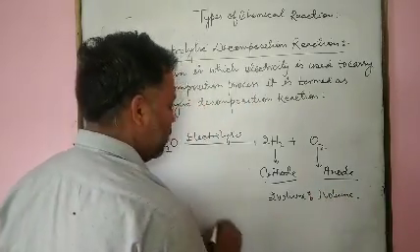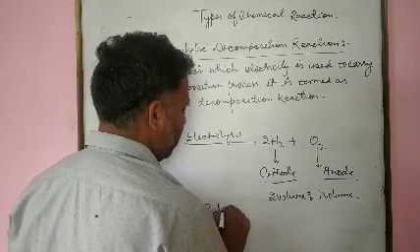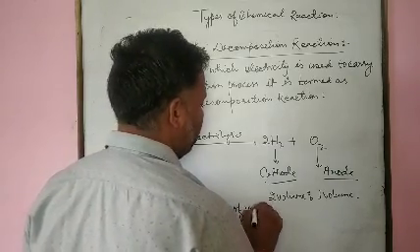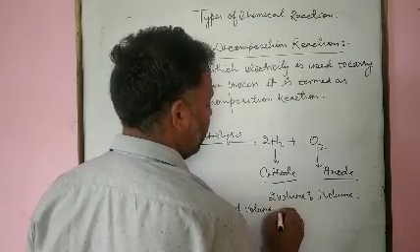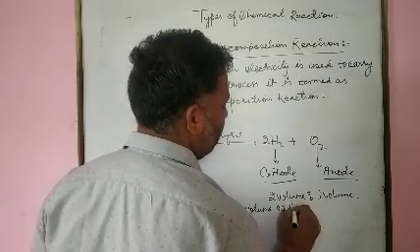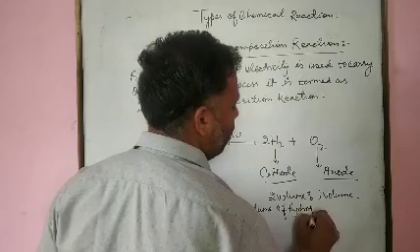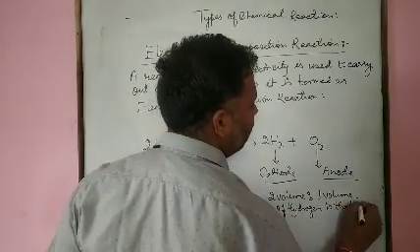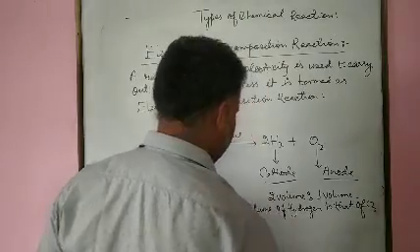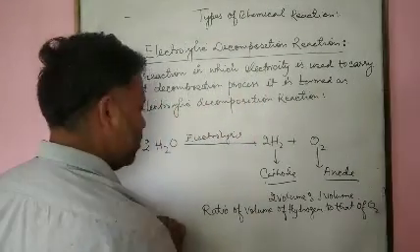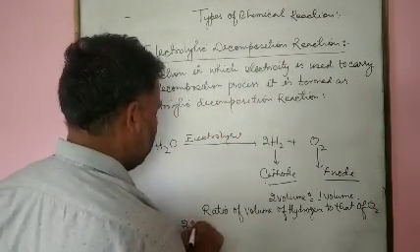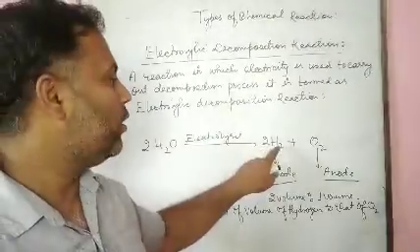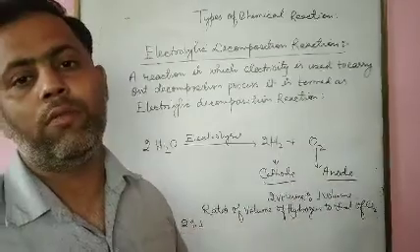It means the ratio of volume of hydrogen to that of oxygen is 2:1. The hydrogen is in 2 volumes and the oxygen is in 1 volume.